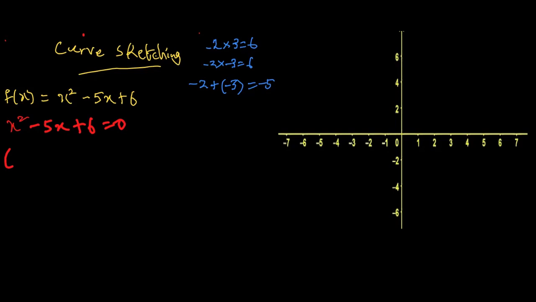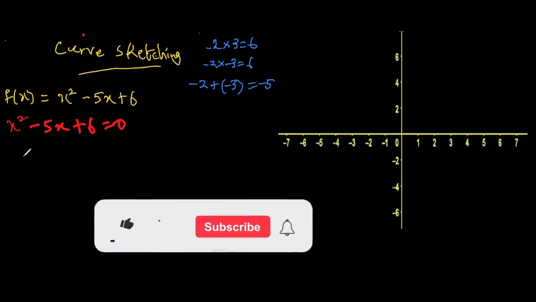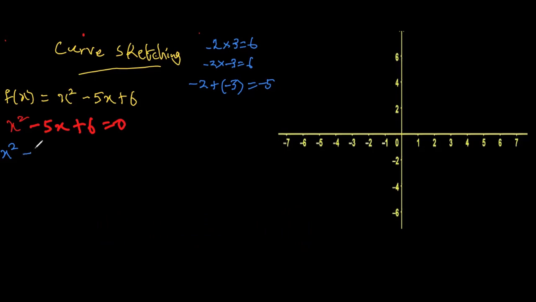And so with that, we are going to rewrite this quadratic equation. So that will give us x squared minus 2x minus 3x plus 6 equals 0. So we can have x into x minus 2 minus 3 bracket x minus 2 equals 0.